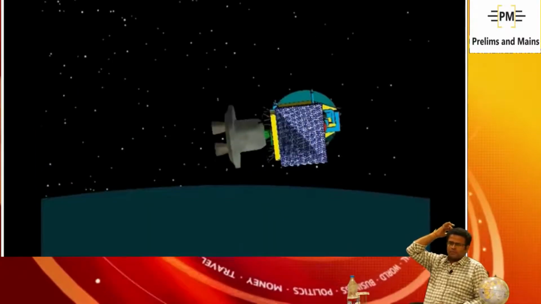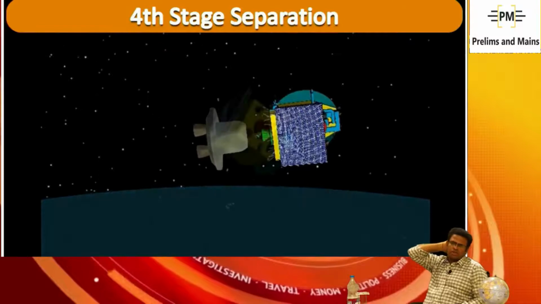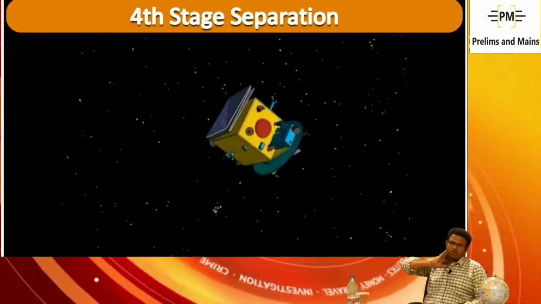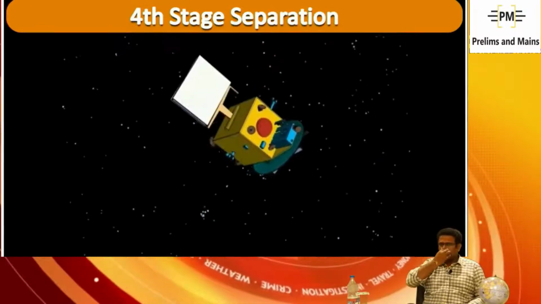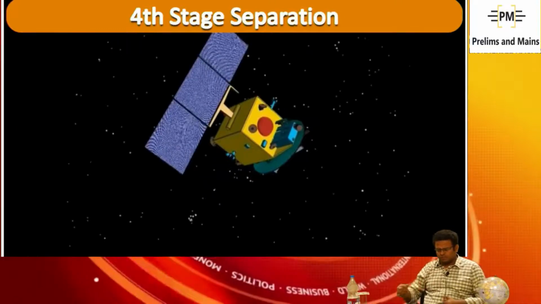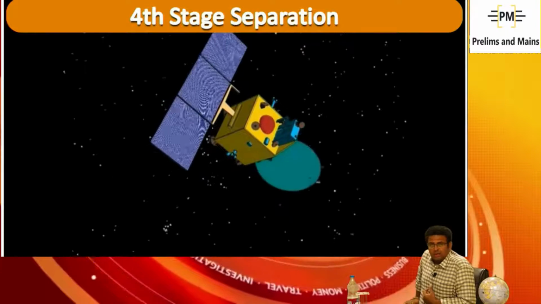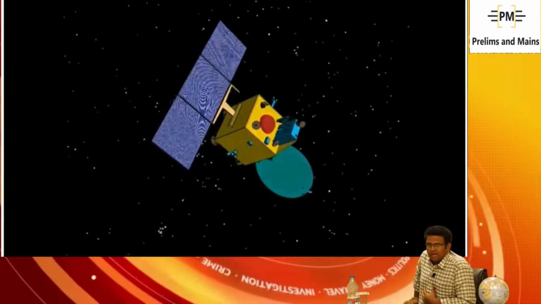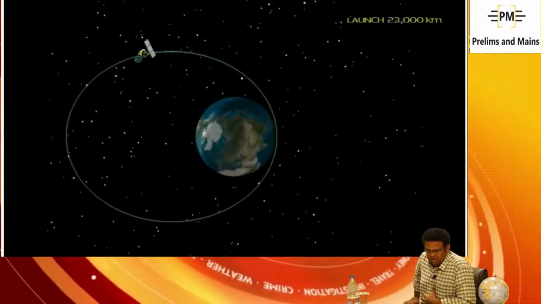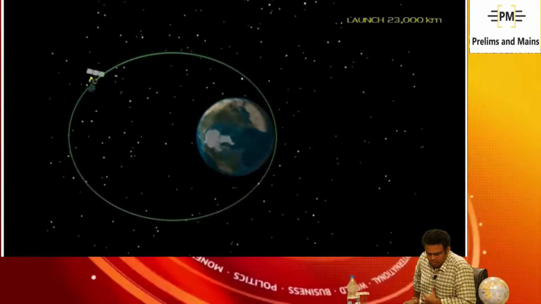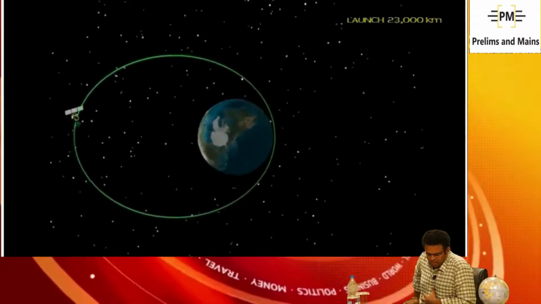Mars is around 3 crore kilometers away, around 3.4 crore kilometers from the Earth. So it is not 3,86,000 kilometers like the Moon, but 3 crore kilometers away.